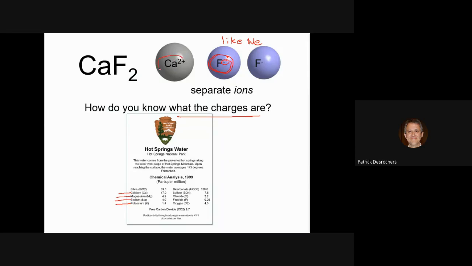Who's the closest noble gas to calcium? Which noble gas is calcium trying to emulate? Anybody out there with a periodic table?